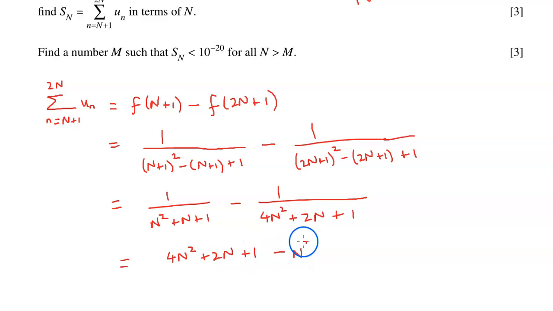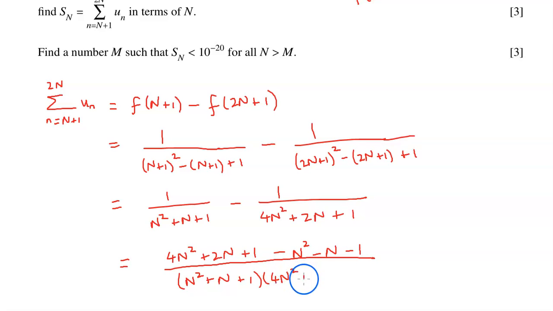So minus n squared minus n minus 1, the whole thing divided by the 2 at the bottom multiplied together. Okay, and then we just get 3n squared plus n divided by that huge fraction at the bottom there. Sorry, that huge denominator of the fraction.